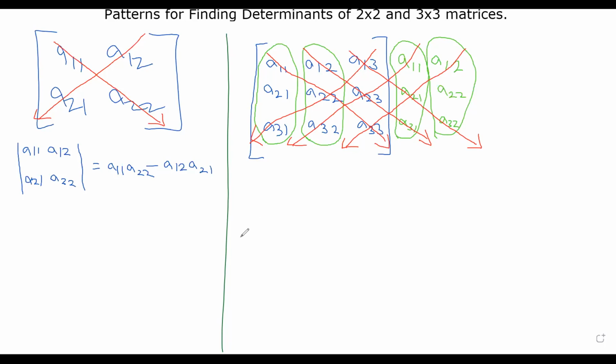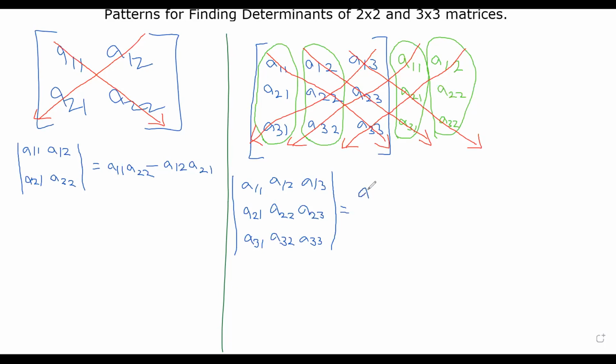That's what this formula is saying: the determinant of that 3x3 matrix, A11, A12, A13, A21, A22, A23, A31, A32, A33, is equal to the products going down right.